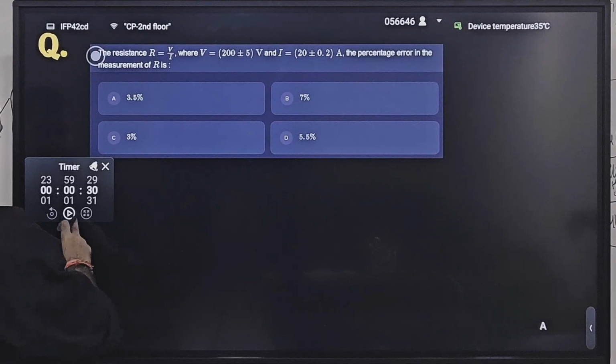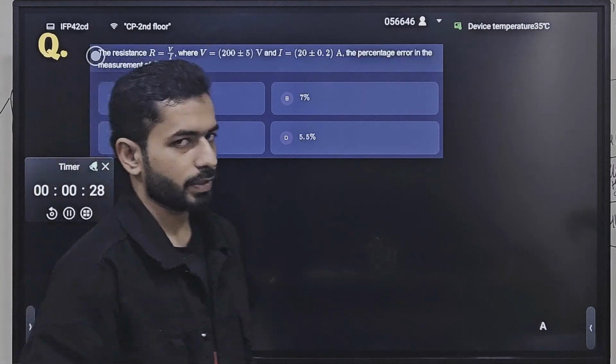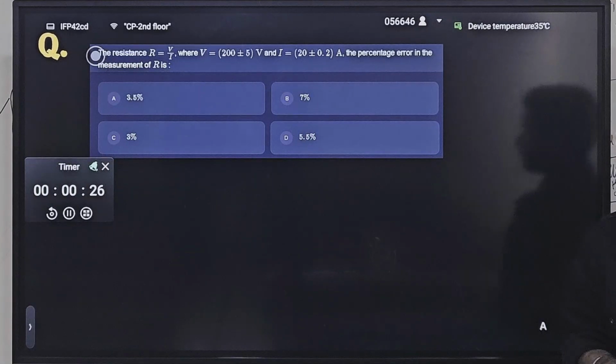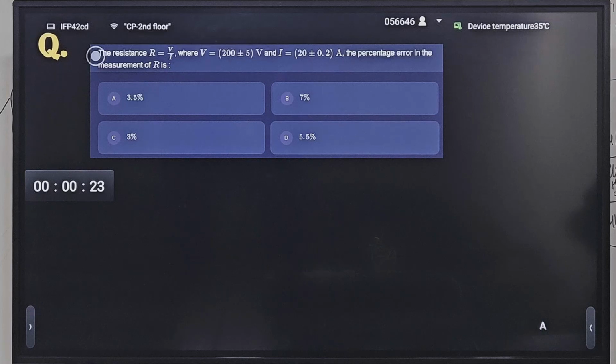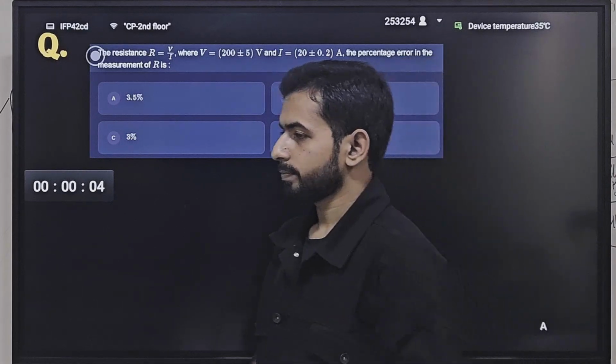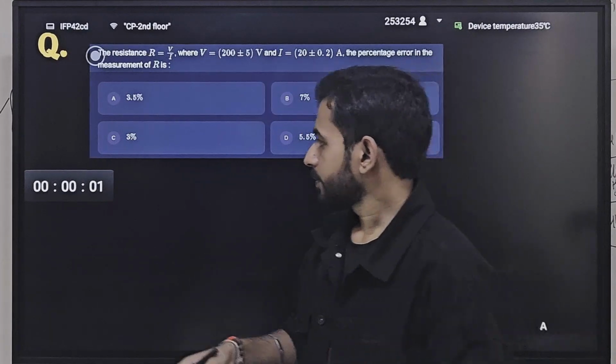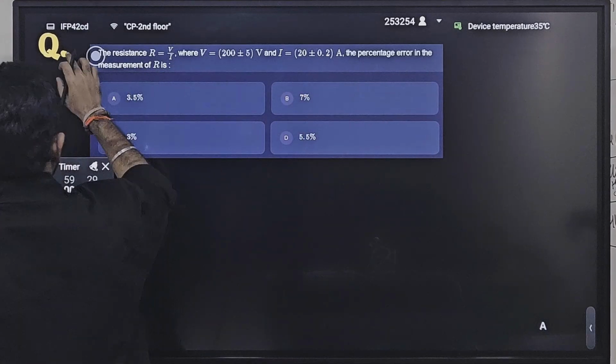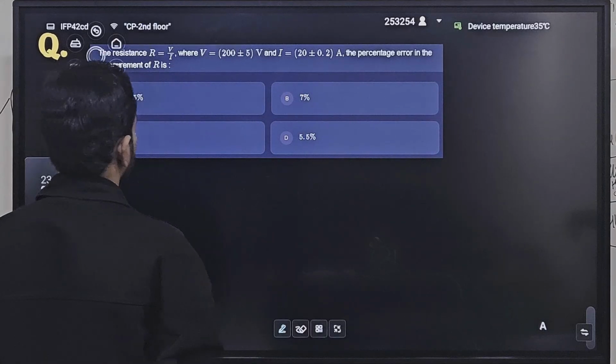Solve this next question. Again, an easy question from errors. How to solve this question?